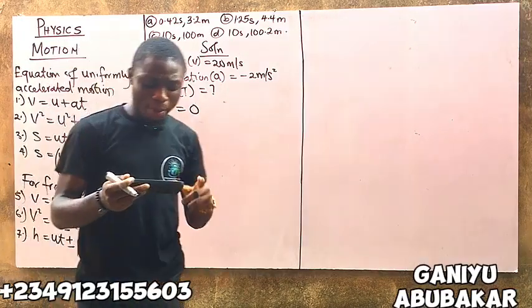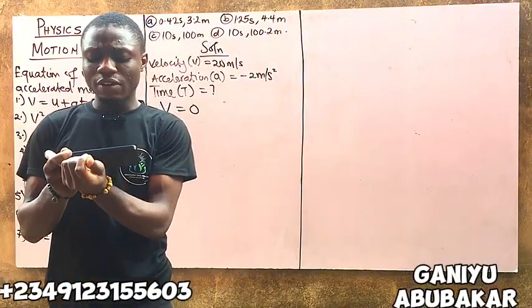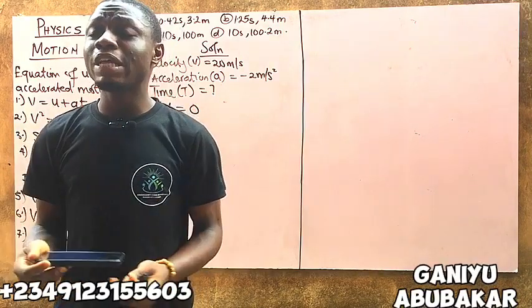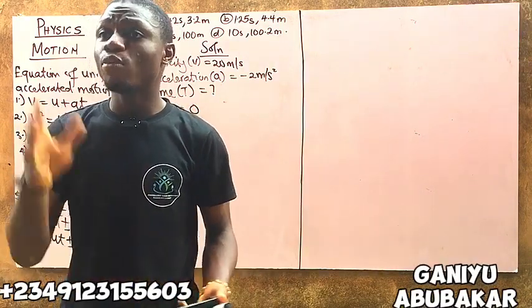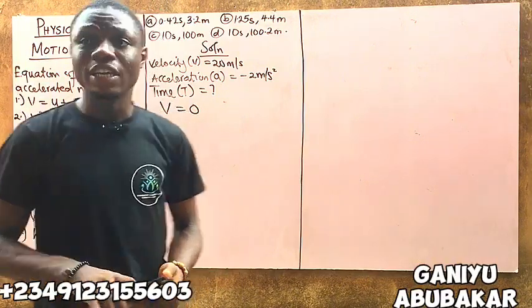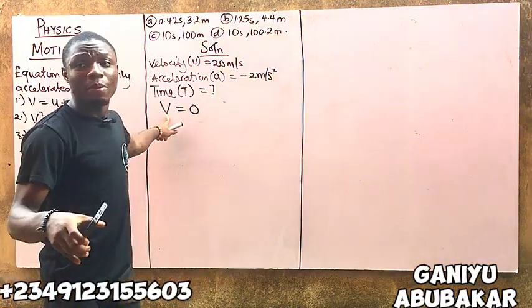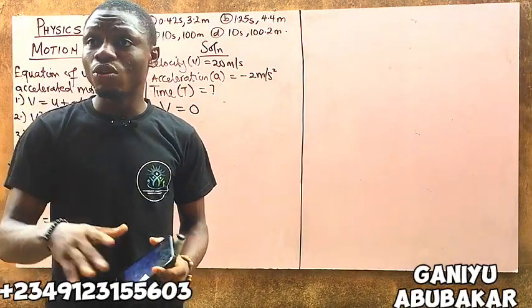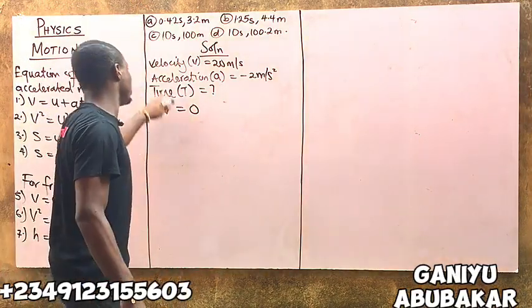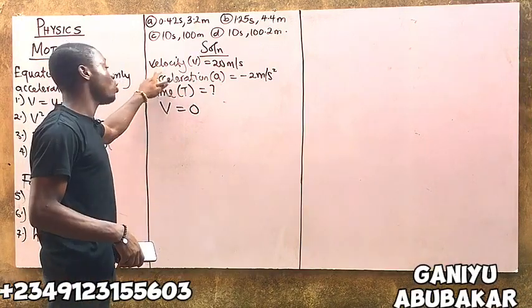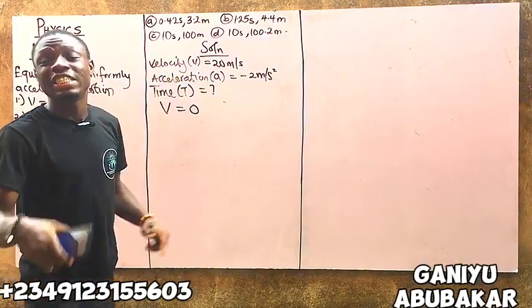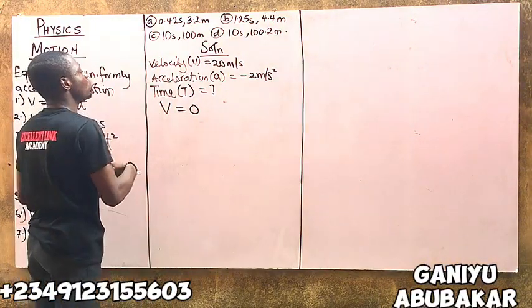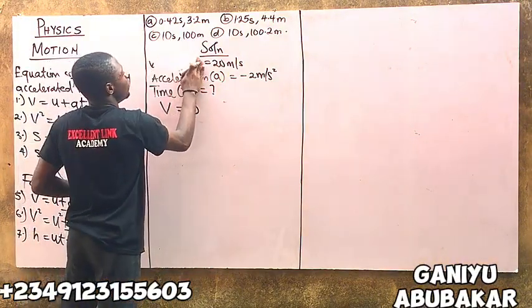Look up in the question, a train travels at 20 meters per second. Meters per second is for velocity. But now, when I'm hearing that the body comes to rest, it means that its final velocity is 0. That is v is 0. So this will no longer be v. It will be the initial velocity, that's u. Since this one is v now, this one becomes u. So here becomes initial velocity.